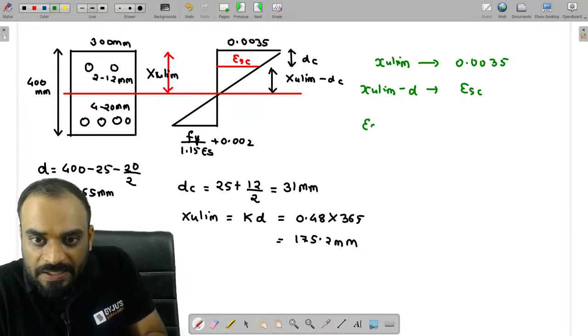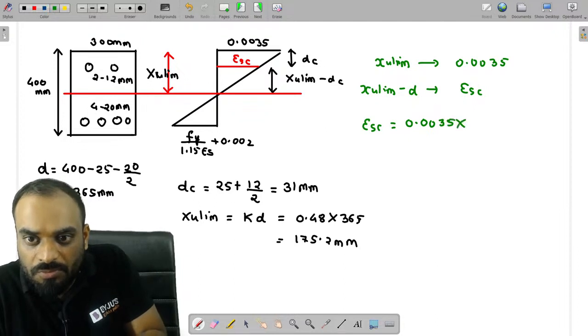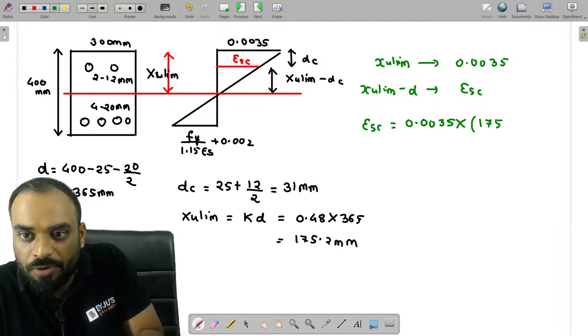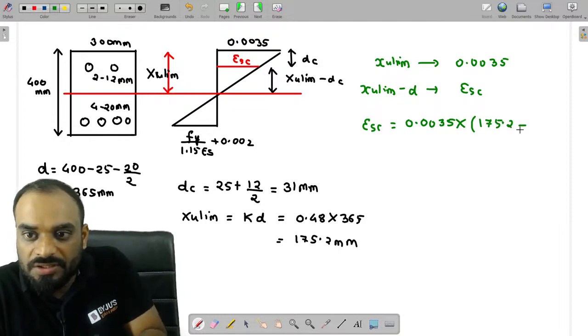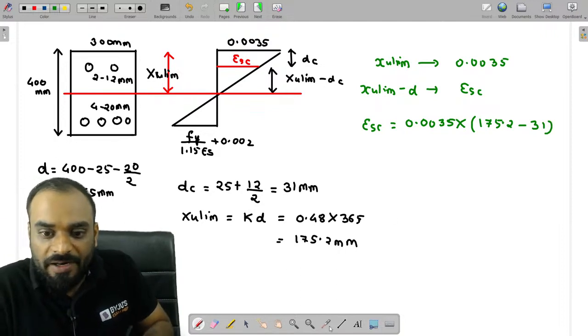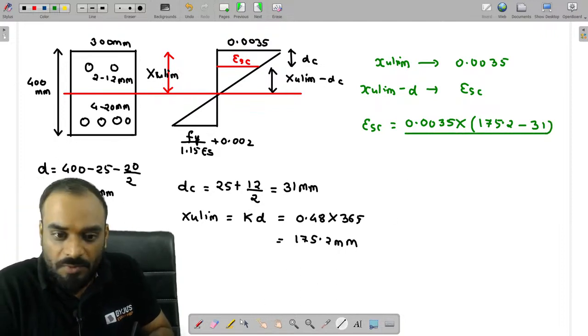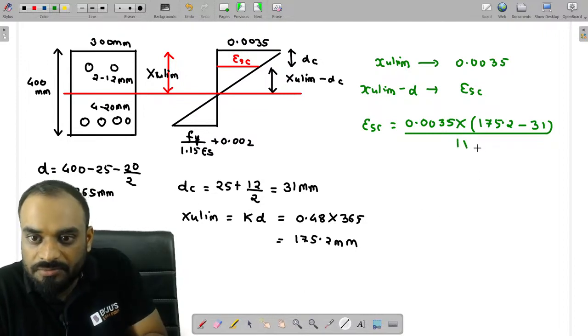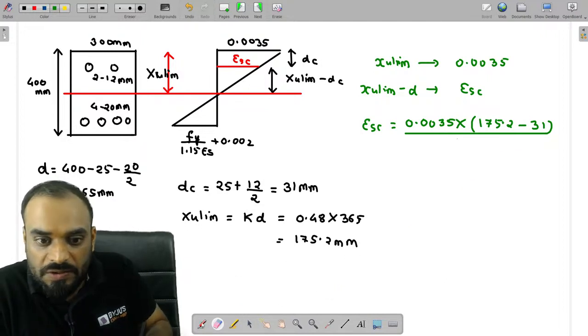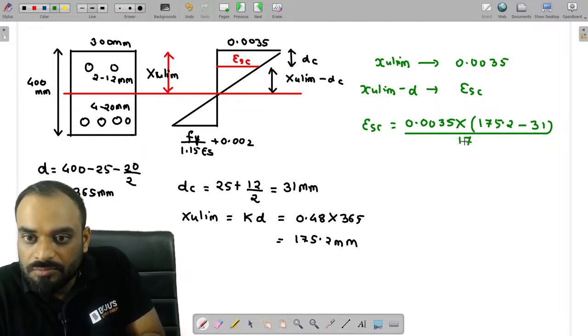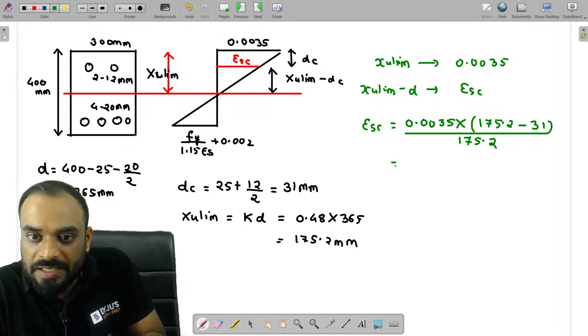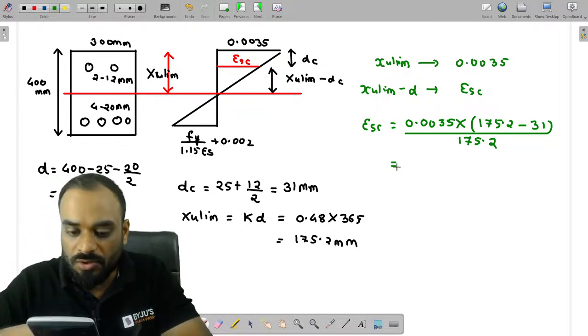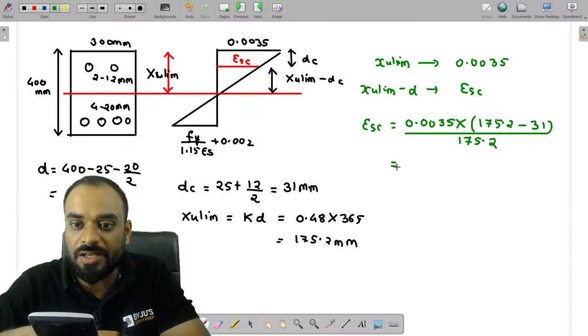So ESC is equal to 0.0035 multiplied by xu limiting minus dc, so 175.2 minus 31, divided by xu limiting, 175.2. Please calculate this and let me know the answer of ESC. Then we'll calculate the stress also.